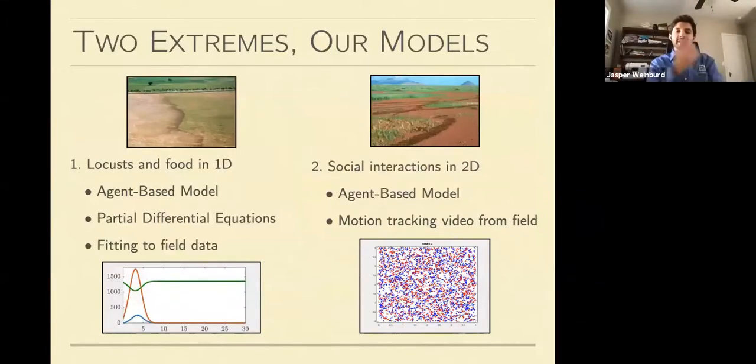The talk today is going to be split into two pieces. And these two pieces focus on modeling the planar front on the left and the columnar structures on the right. So we have a couple different frameworks for each of these situations. And I'm going to talk first about the one on the left.